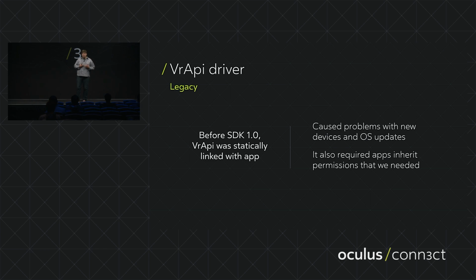This meant all of the little tricks and hacks that we do to make VR actually work really good on Gear VR were baked into your application. So if a new Android OS came out, or a new driver came out, or just a new headset came out, if it had any issues, the application would have to rebuild to handle that. So we really wanted to fix that. We wanted to make sure that applications didn't need to worry about minute increments in technology.